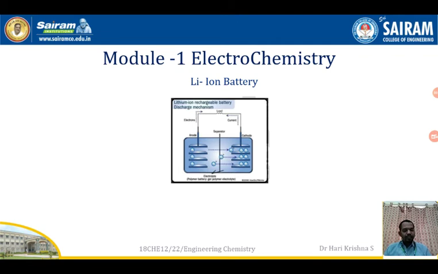During the discharge process, lithium from lithium cobalt oxide will be liberated as Li plus and enters into the graphite. Graphite, being a layered solid, will accommodate the lithium ion, thus completing the conduction process. This process continues until all lithium accumulates as Li plus in graphite.